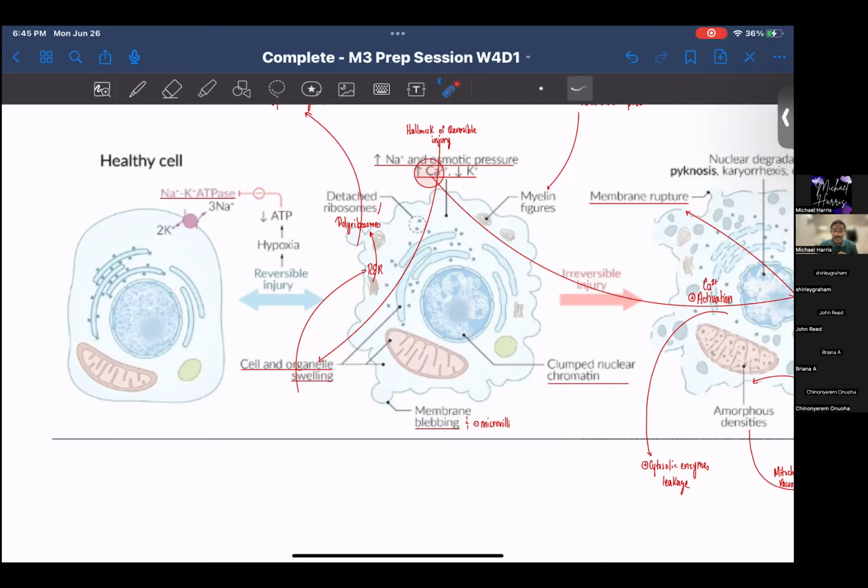So your sodium potassium ATPase isn't working. If your sodium potassium ATPase isn't working, you have high amounts of sodium inside the cell. So what does that do to the oncotic or osmotic pressure? It brings in water, right? So now water comes in due to osmotic pressure and the cell swells.